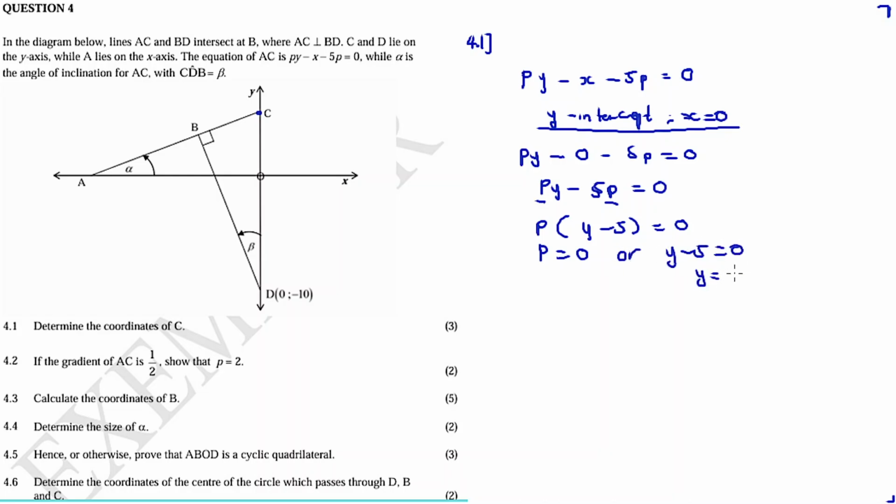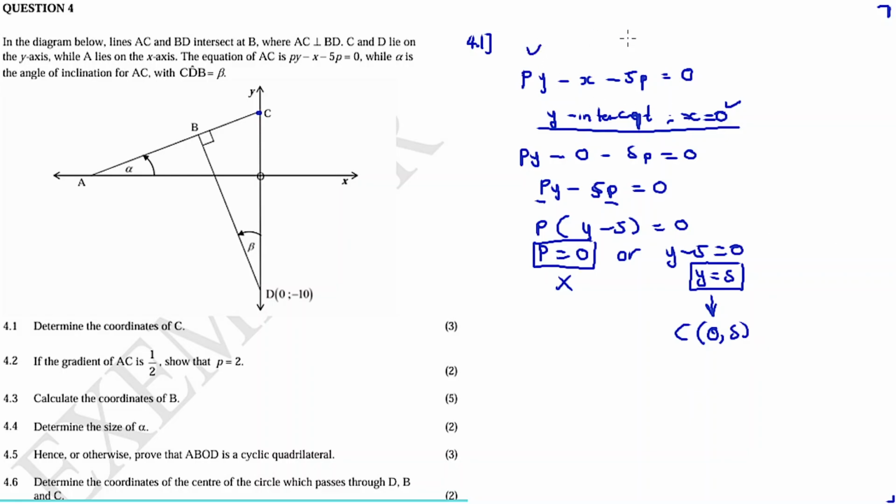Simplifying for y, we get y equal to 5, or p equal to 0. We're not interested in p, but in getting the y-intercept. Since we made x equal to 0, our y is 5. This means the coordinates of C are (0; 5).